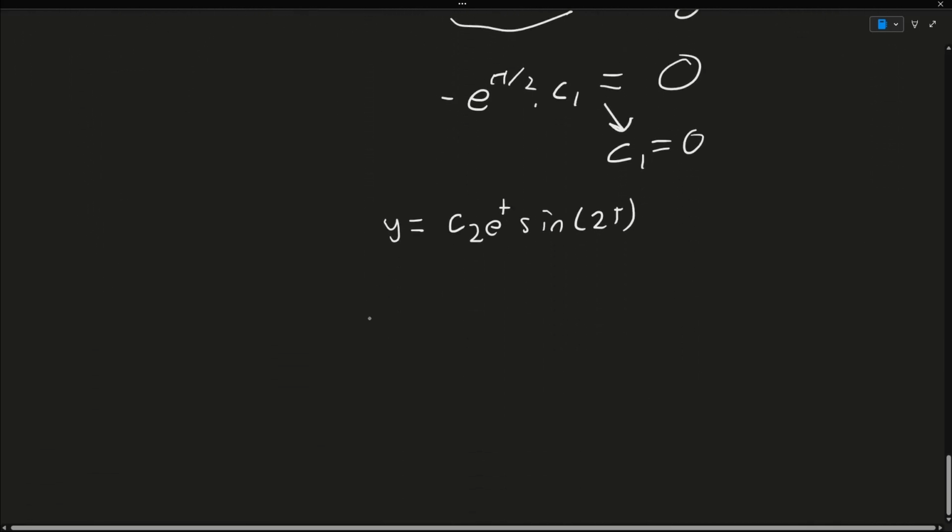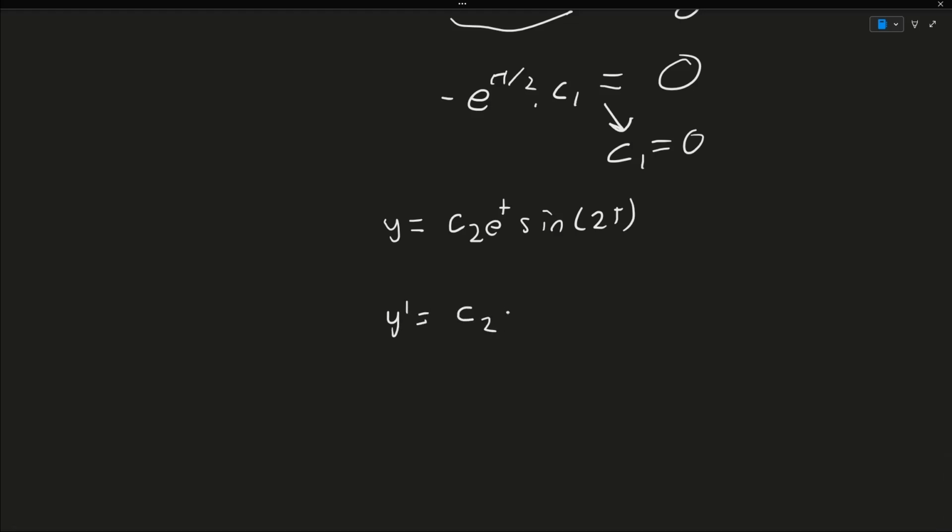This is now the updated version of our solution, and y prime of pi over 2 equals 2. So we need to take the first derivative of this one. We'll have c2 e to the t, from the product rule, sine of 2t plus 2 cosine of 2t multiplied with e to the t times c2.